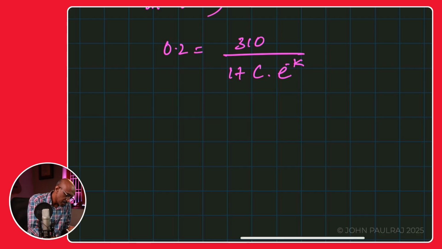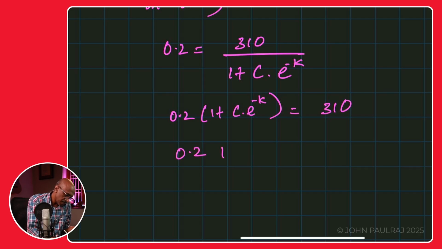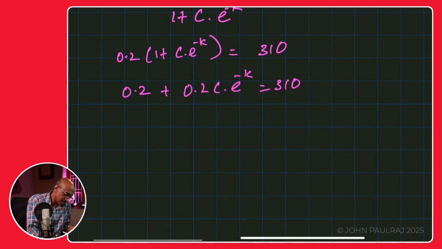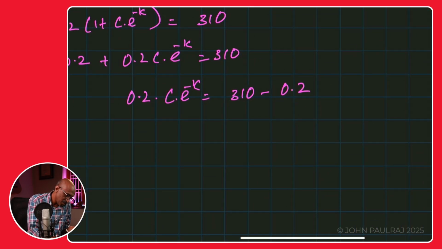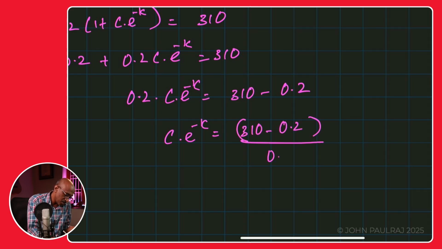So this becomes 0.2 times (1 plus C e to the power of minus k) equals 310, and so that's 0.2 plus 0.2 C e to the power of minus k equals 310. Then 0.2 C e to the power of minus k must be equal to 310 minus 0.2, and we can divide by 0.2, so C times e to the power of minus k is equal to (310 minus 0.2) divided by 0.2.